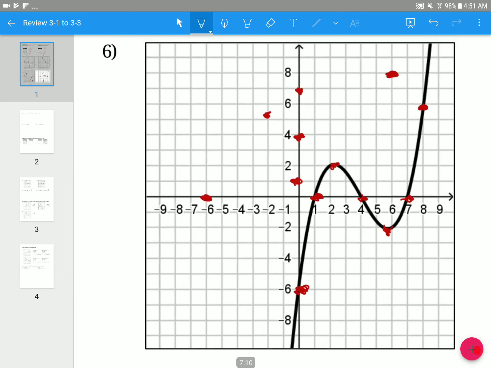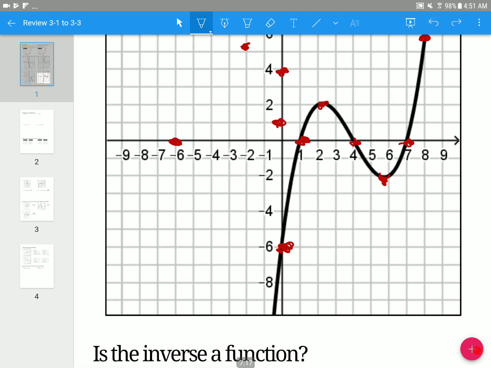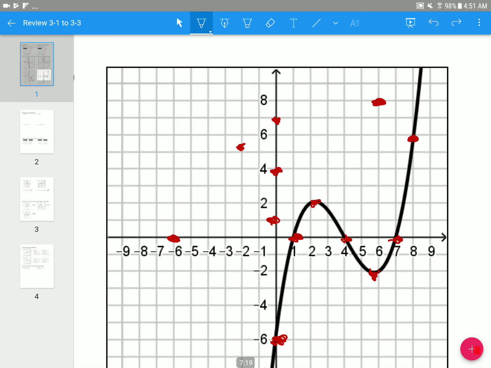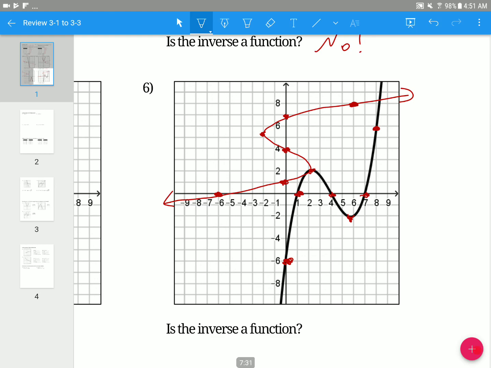I'm going to zoom in a little bit so I can get a slightly better graph. Does this guy cross over here? Nope, it does not cross that. So this guy comes in like this, curves through there. That's its inverse, at least to the best of my ability.